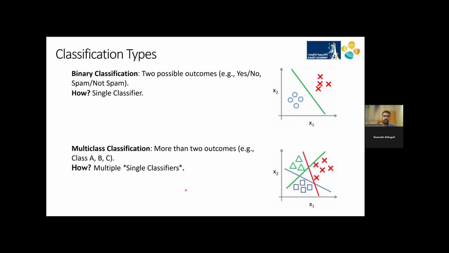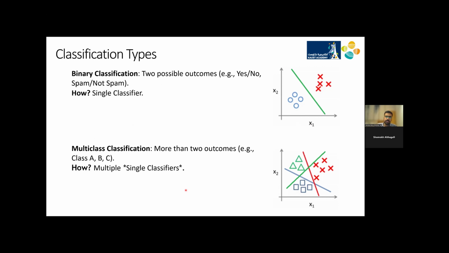Okay. And in multi-class classification, as I already gave an example, you want to classify some data point into a number of classes. For example, you have an image of a fruit and you want to classify which fruit it is, or you have an image of an animal and you want to classify which animal it is.